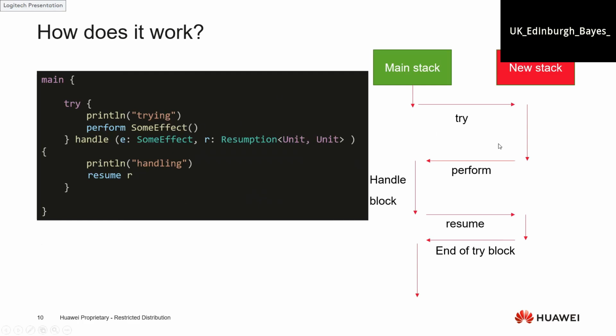Now, when we perform, that thread yields, and we go back to the main stack to run the handler function, and that handler function is run on the main thread, or the parent thread, to be precise. And when we resume, control is returned back to the try block thread, and the thread is restarted at that point.